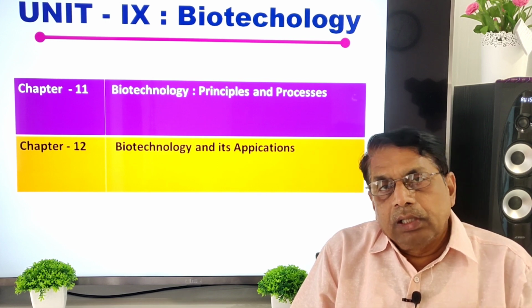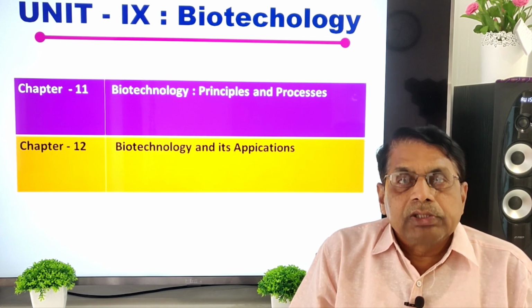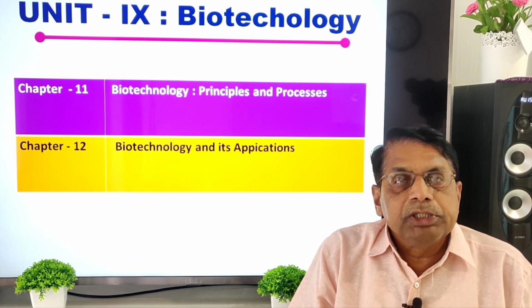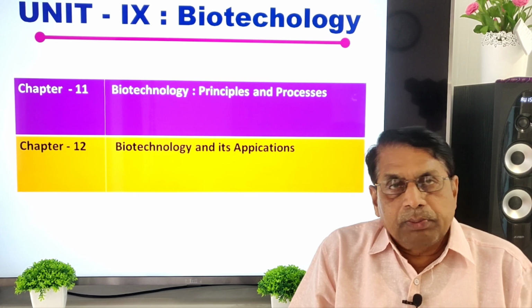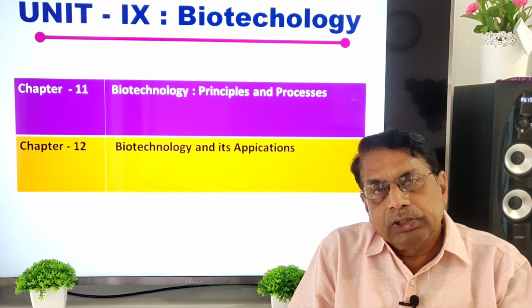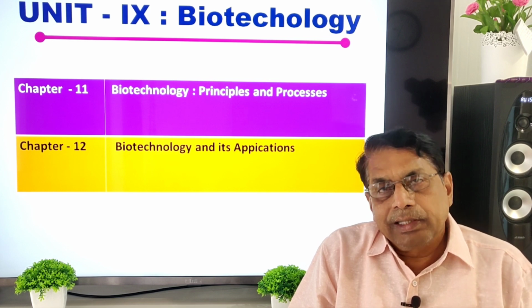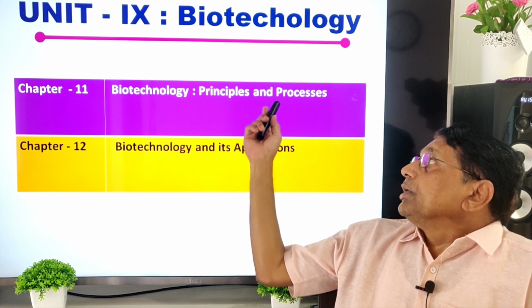Similarly, the gene from Bacillus thuringiensis is transferred to cotton, that we are calling as Bt cotton. So, what is the process involved? How a gene is transferred from one organism to another, unrelated organism. So, that aspect will be studied in process.